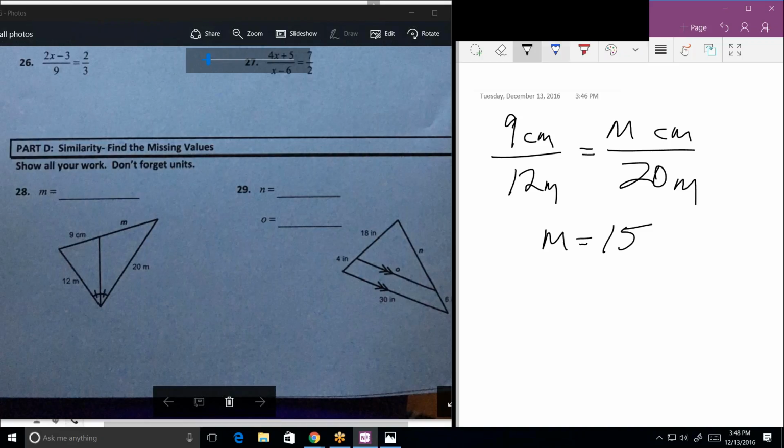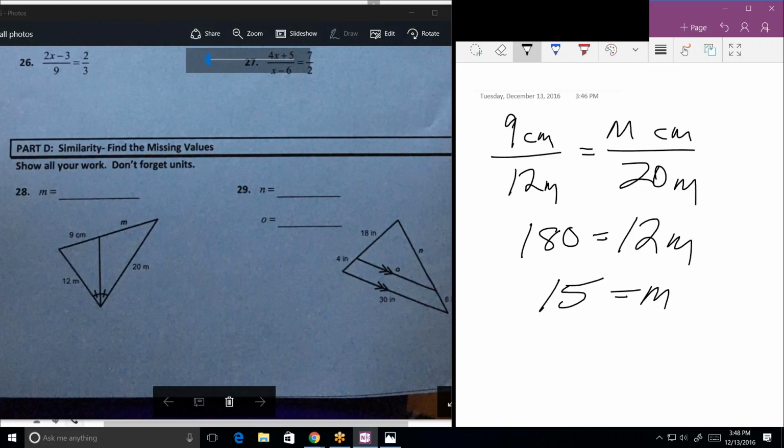And the way to handle the units problem here, it's not really a problem. If I cross multiply, I get m equals 15. And I can tell by that that m has to be in centimeters, because on the left you have centimeters to meters, so on the right you have to have centimeters to meters.